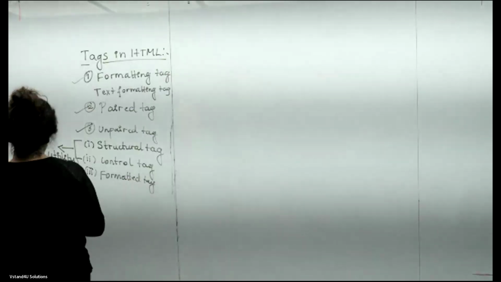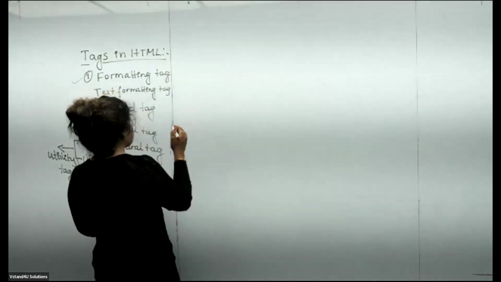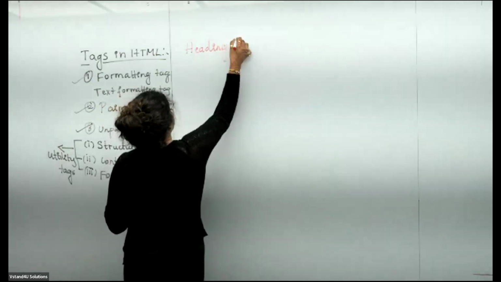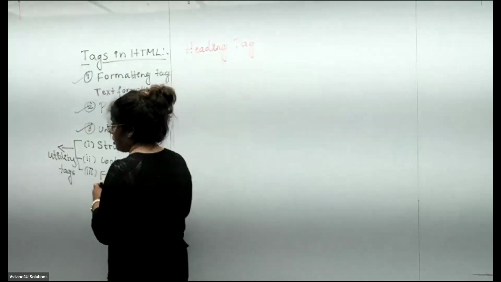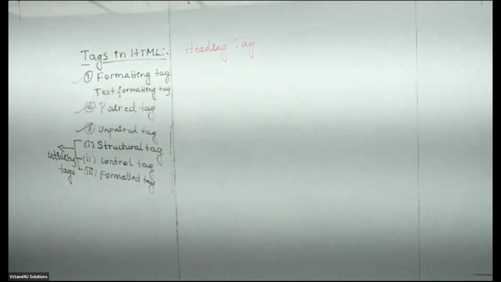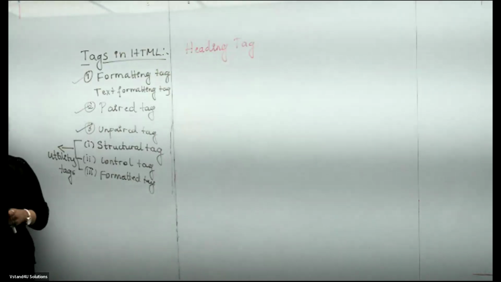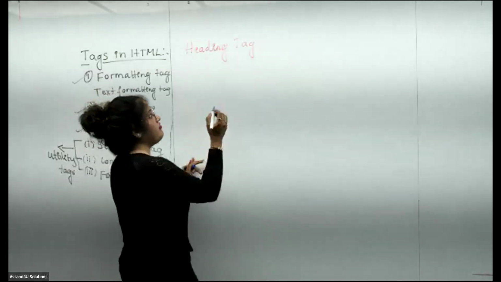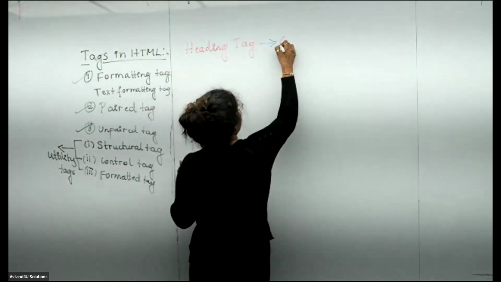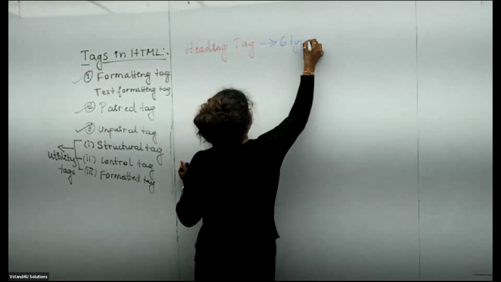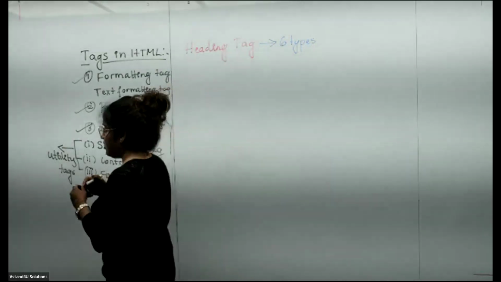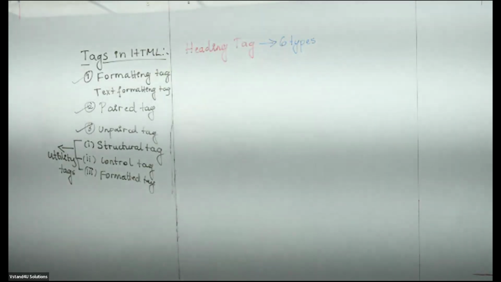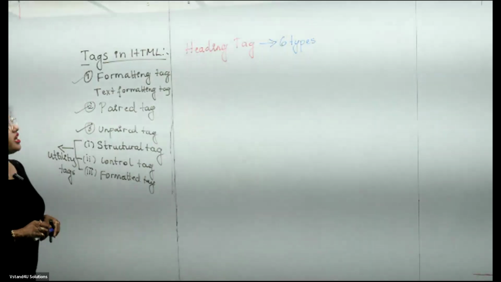In the tag name, you have something also called heading tag. In this tag, you have 6 types of heading tags. So what are the different types of heading tags?